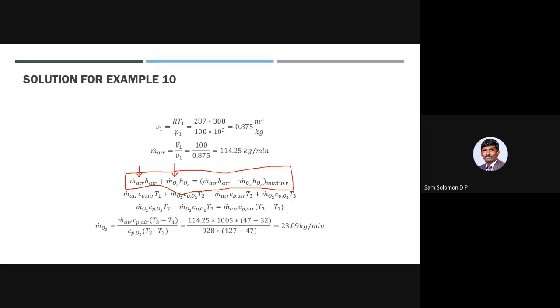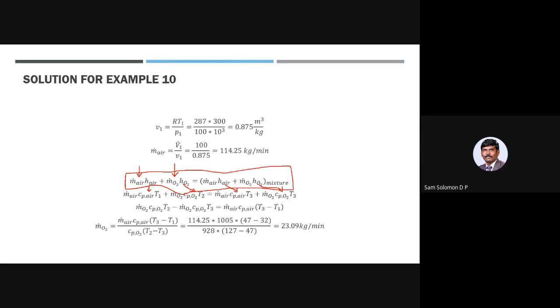And they have converted it in terms of temperature. So this becomes Cp times T1, and this becomes Cp times T2. And this becomes Cp times T3 for oxygen, and this is for air.